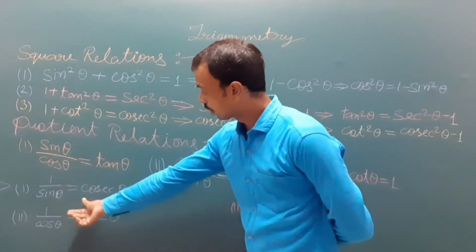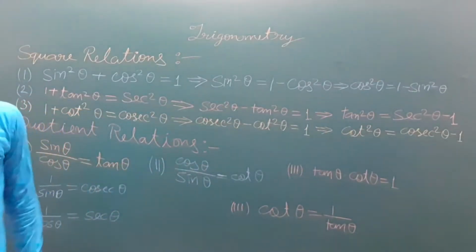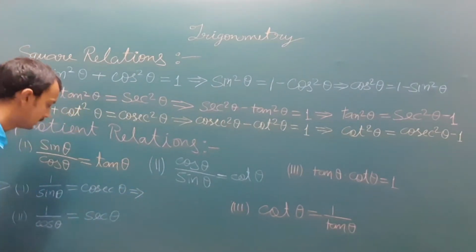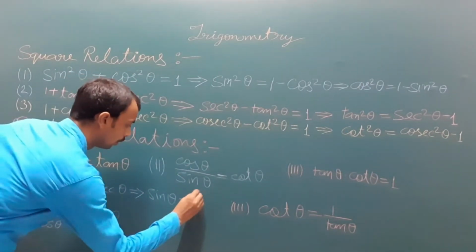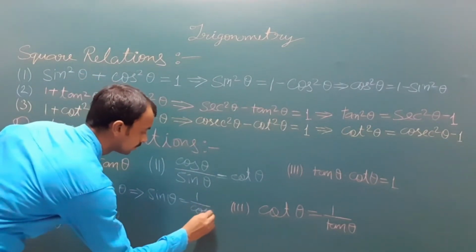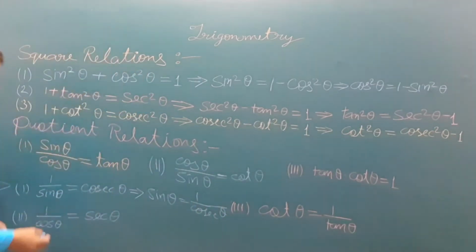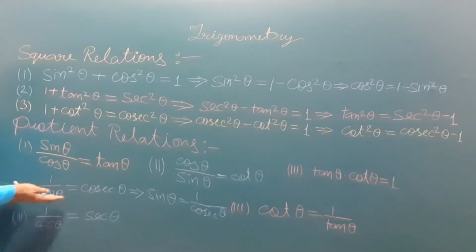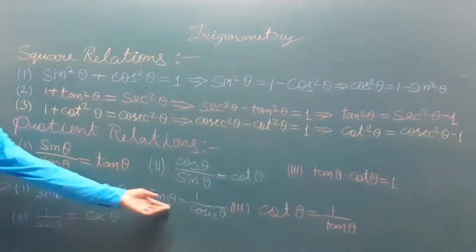Now cosec theta is equal to 1 upon sin theta, which also implies that sin theta is equal to 1 upon cosec theta, isn't it? If I transfer sin theta to one side and cosec to the other, sin theta is equal to 1 upon cosec theta. So we got one more relation.